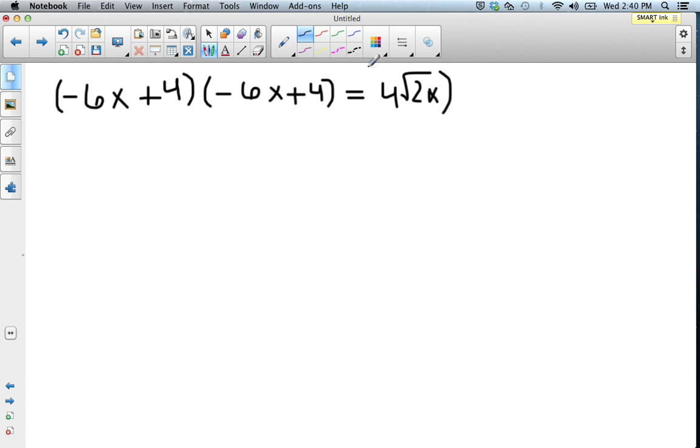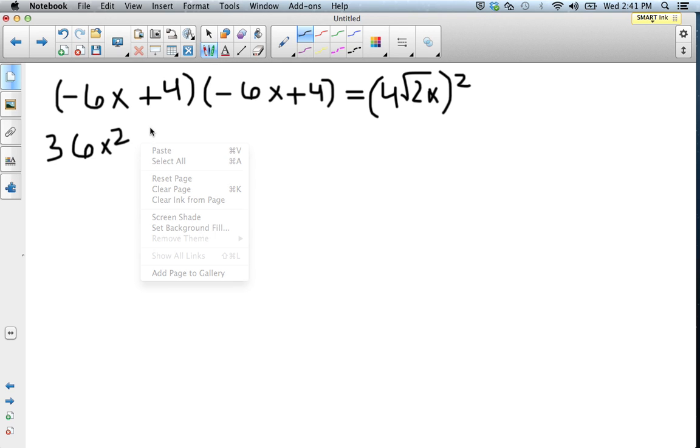Remember, the parentheses show that everything's being squared here. So I'm going to start double distributing. Negative 6x times negative 6x is positive 36x squared. My middle term, negative 6x times 4, is negative 24x.